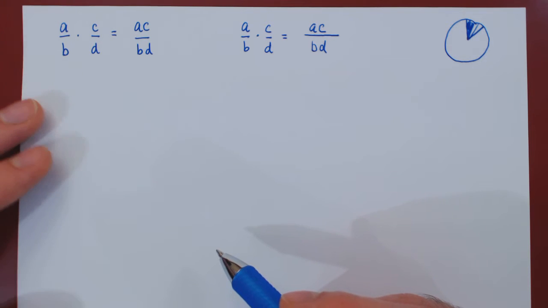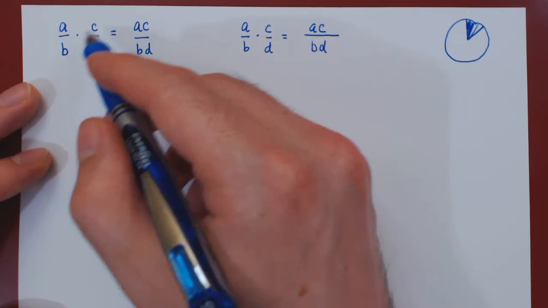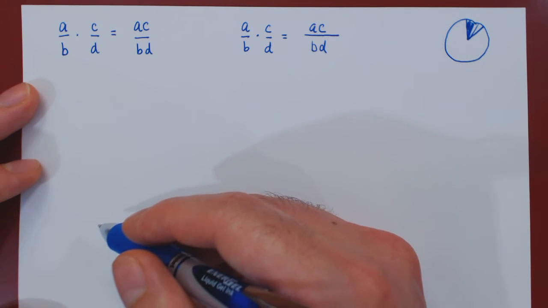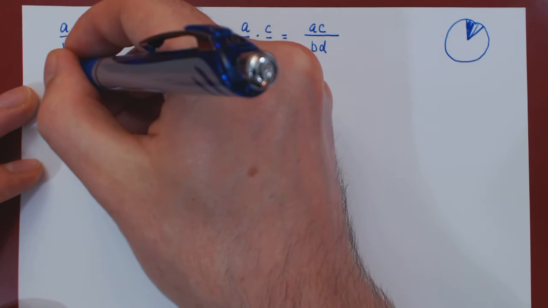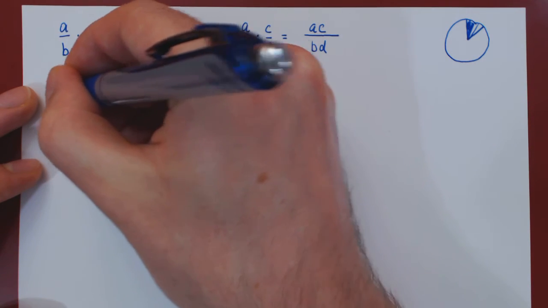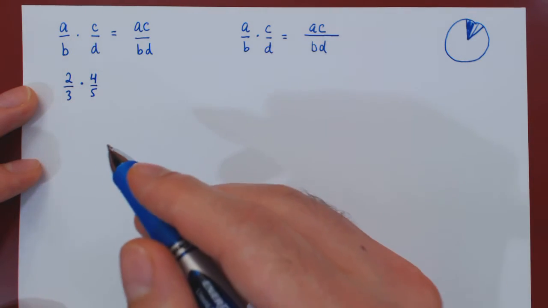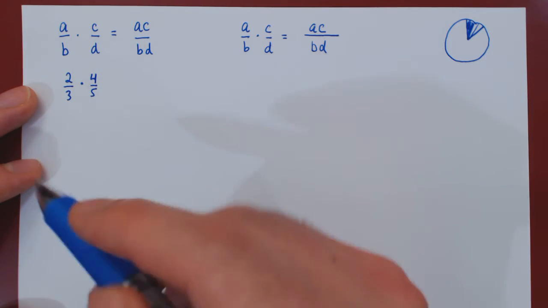Let's look at an example to make this a little more concrete, where we pick a, b, c, d as actual positive integers. So what if we looked at 2/3 times 4/5? And again, this can be read as we take 2/3 of 4/5.